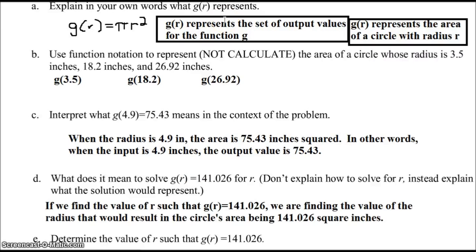So if we find the value of r such that g of r equals 141.026, what we are finding is the value of the radius that would result in the circle's area being 141.026 square inches.